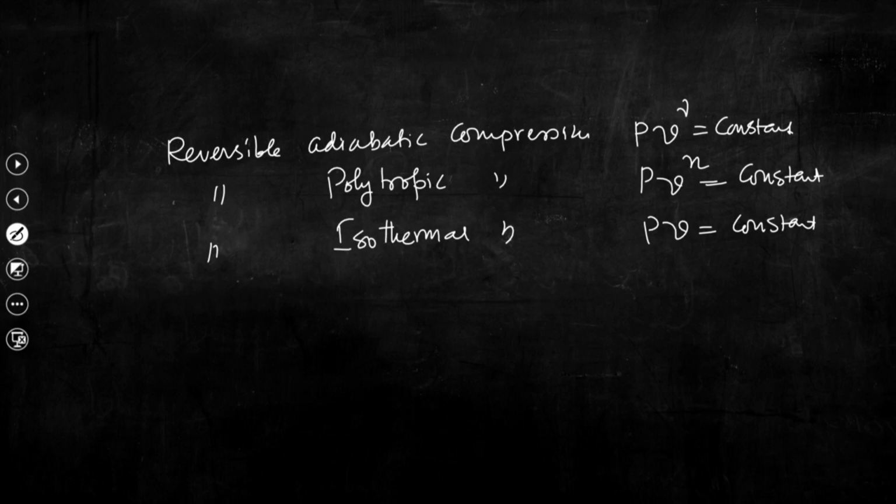So, now let us start with this general polytropic expression, PV to the power n equal to constant, and we shall try to derive the expression of the work needed for the compression process.